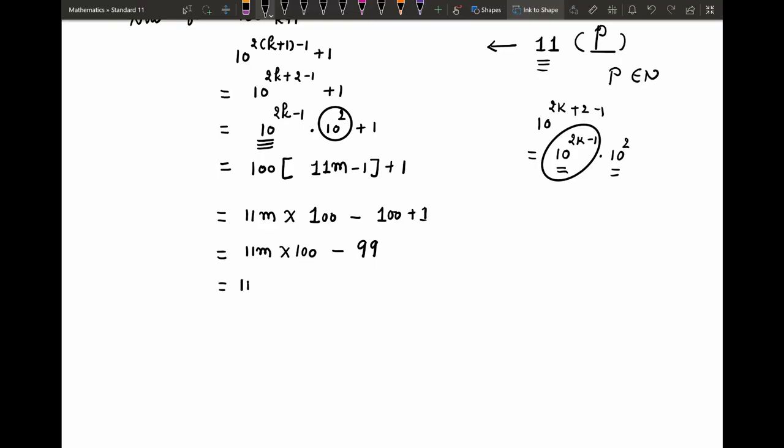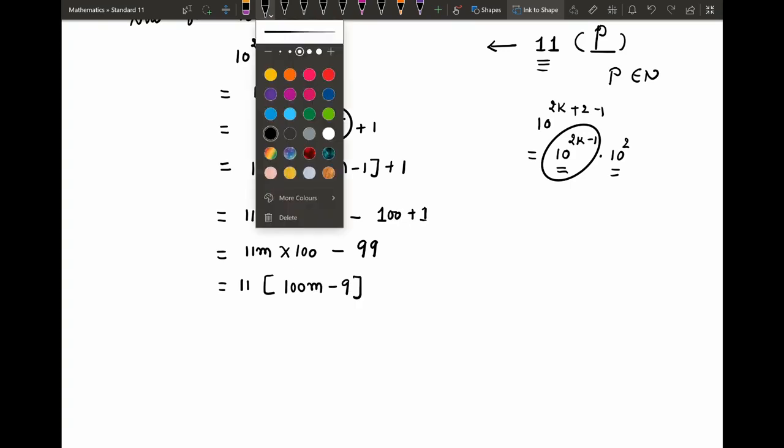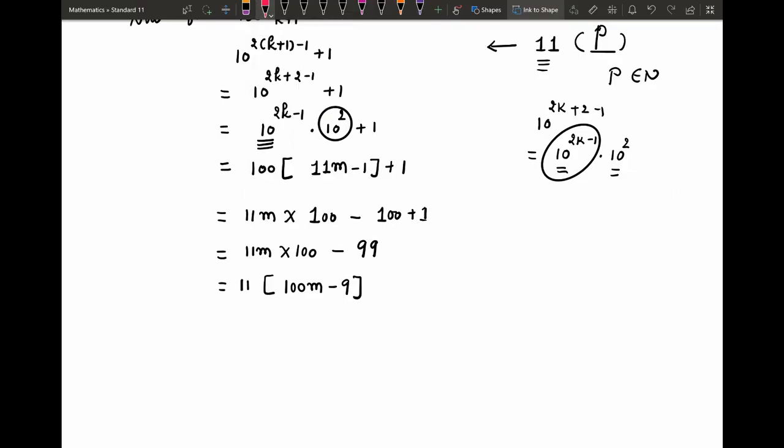So when we take 11 common, in the bracket there is 100m minus 9, and since 11 is a coefficient, we can claim that this number is divisible by 11, or which is a multiple of 11.